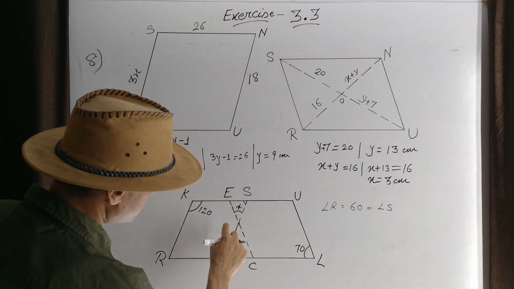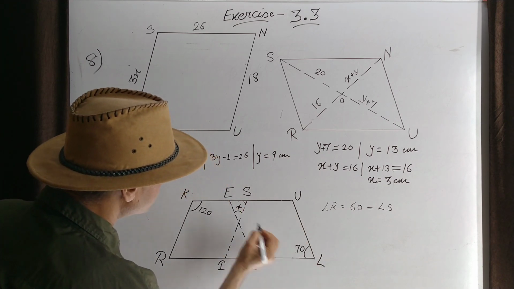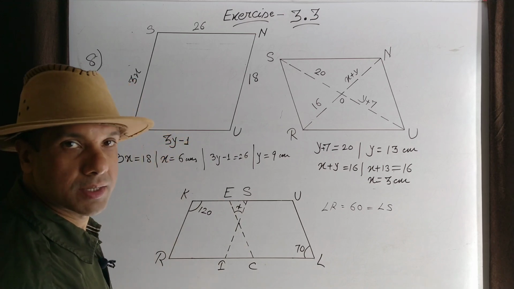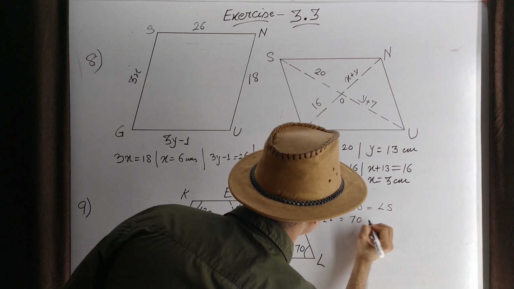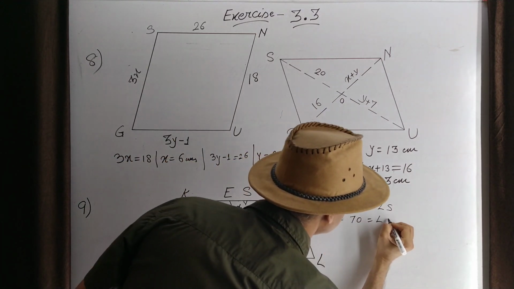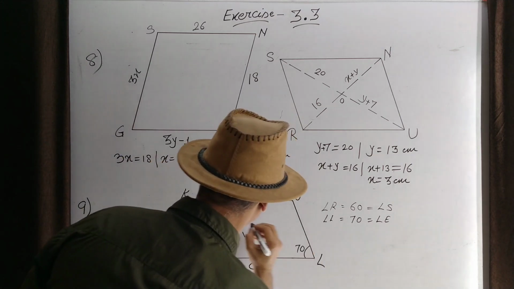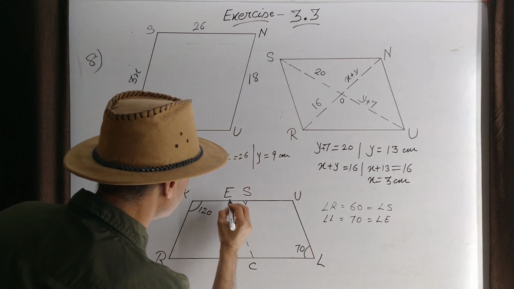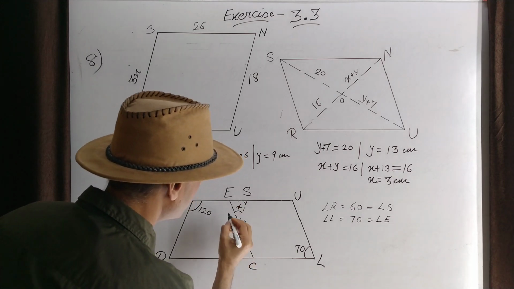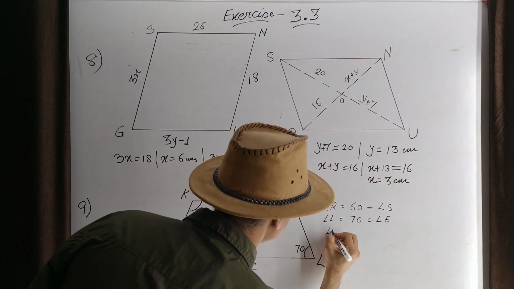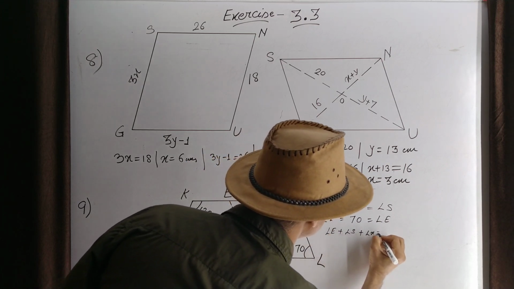In this parallelogram CLUE, if angle L is 70 degrees, angle E will also be 70 degrees. In this triangle ESO, the sum of angle E plus angle S plus angle x is equal to 180 degrees.